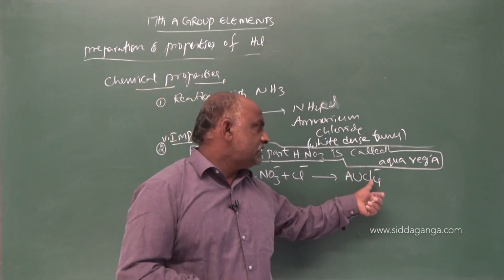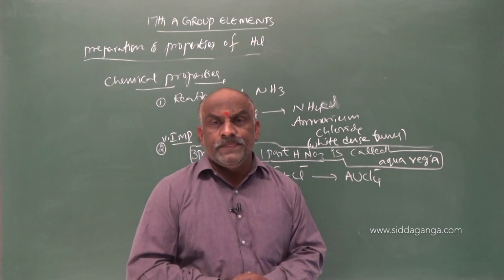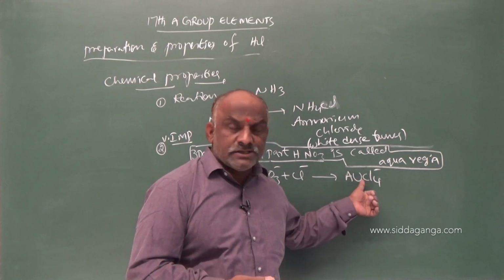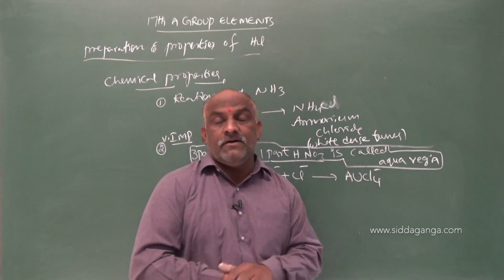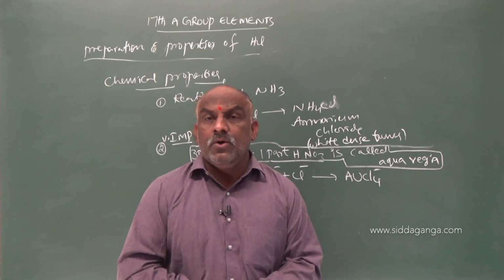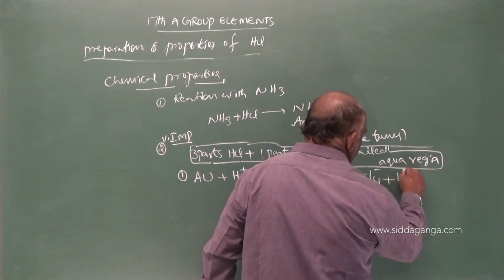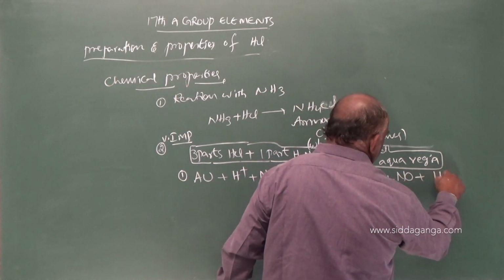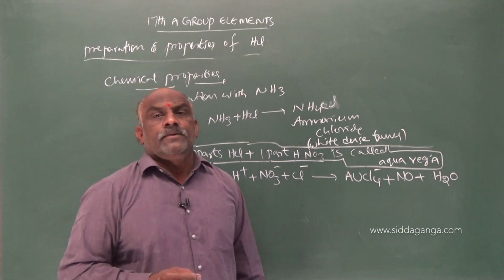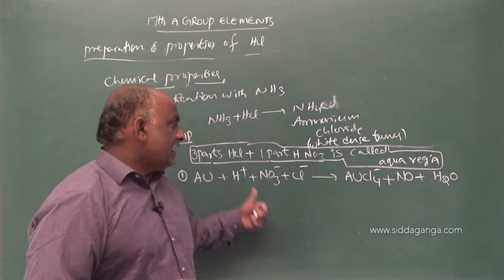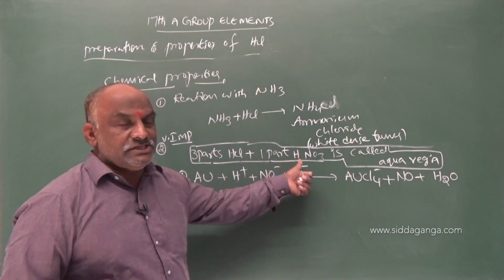AuCl4 minus is an example of a complex compound, called tetrachloroaurate(III), and formation of NO, nitric oxide, and water. This is the reaction that takes place between gold and aqua regia.